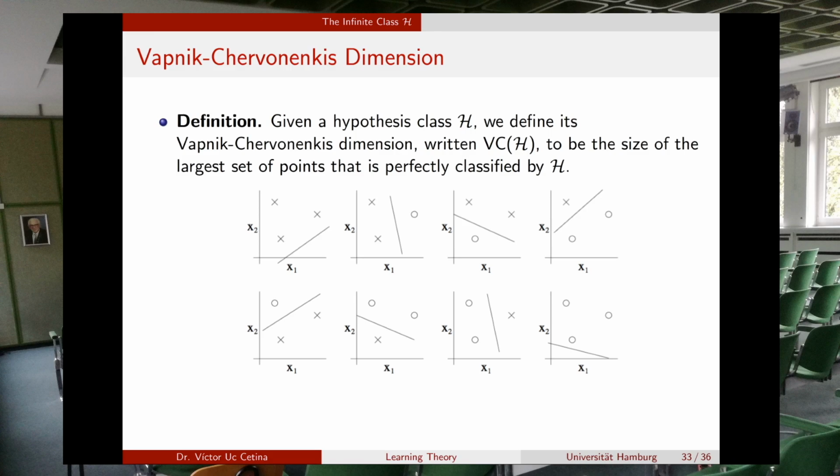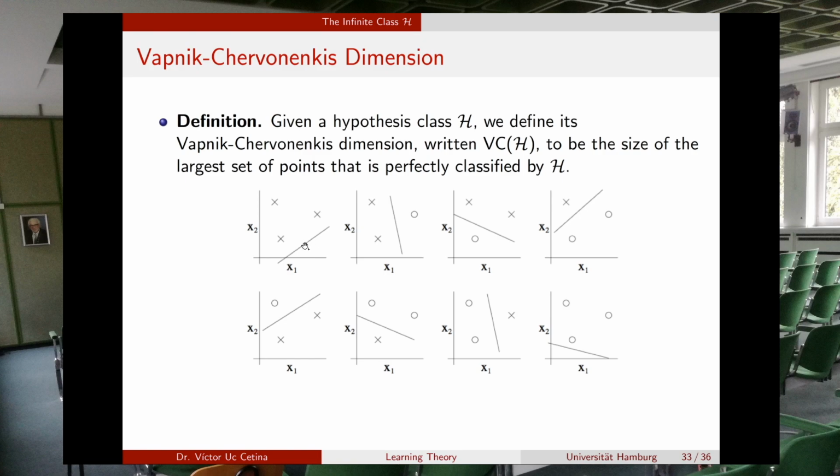So consider, for example, a family of lines that we can use to classify points in 2 dimensions, x1 and x2. So in this plane, we can have an infinite number of straight lines. So our hypothesis class is infinite.